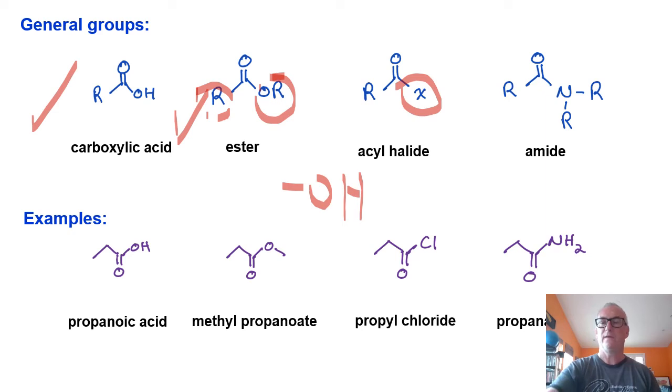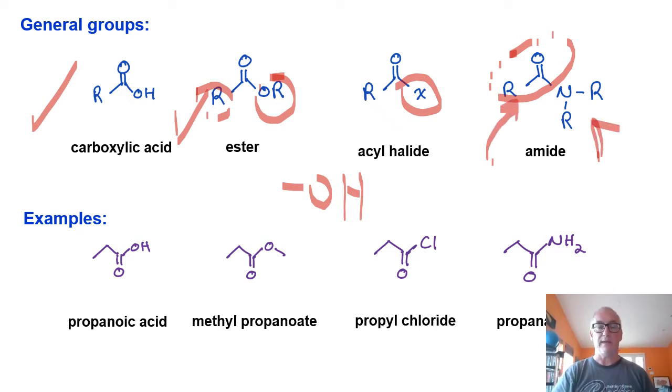And then amides, where we have a carboxylic acid up here, and then it reacts with an amine and forms that amide bond. So here we have our carboxylic acid group, and then down here we have our amine group.